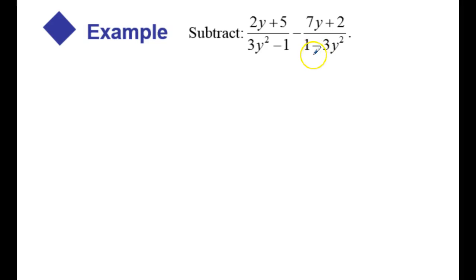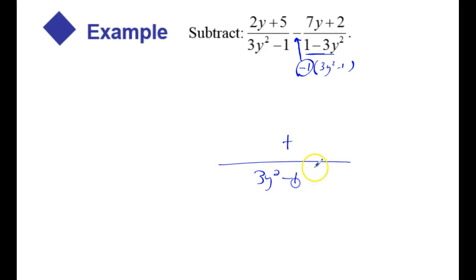So we're going to try the same thing here. I see that this is backwards. So again, I'm going to factor out a negative 1, giving me 3y squared minus 1. But then this negative 1 and this negative will change this problem to a positive. And in the denominator, I now have a common denominator of 3y squared minus 1. What's left is 2y plus 5.